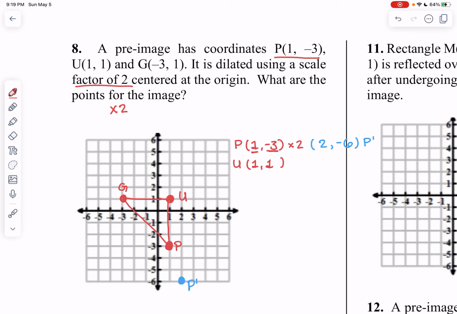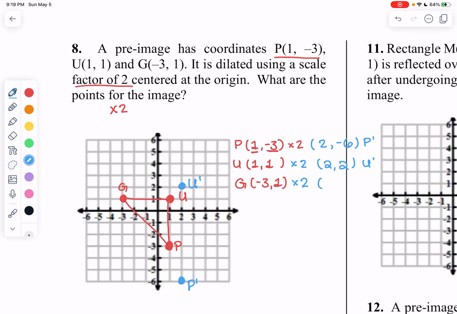All right, U is at (+1, +1). So to dilate it, we multiply by 2. 1 times 2, 2. 1 times 2, 2. So U prime, not I prime, get it together, is at (+2, +2). That's right here. And the last one is G, which is at (-3, 1). To dilate, I multiply by 2.